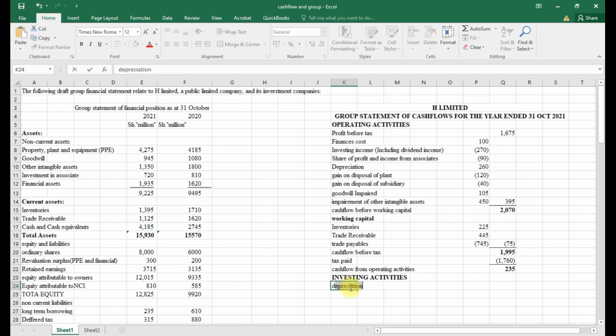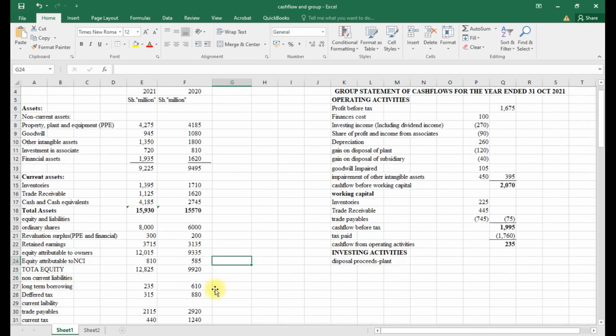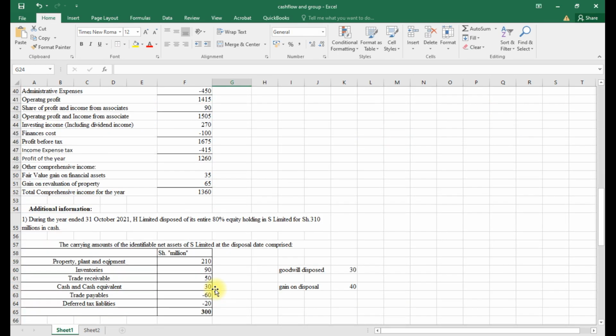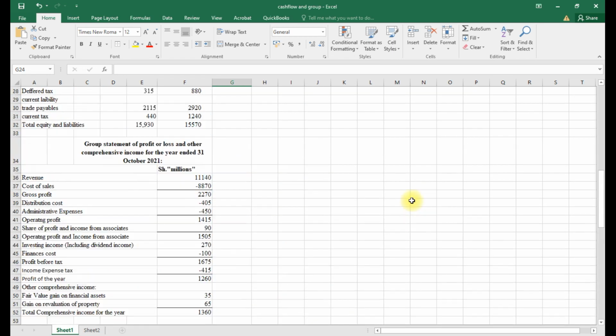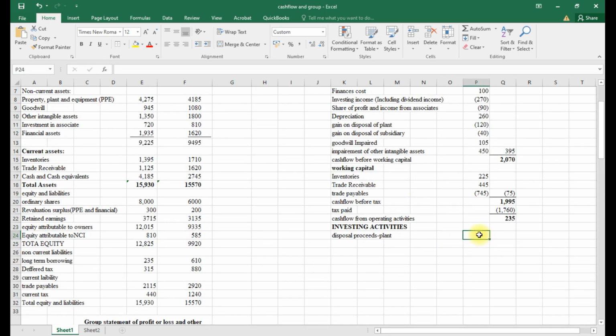The first thing we look at is the disposal proceeds. We sold plant, the sale of plant in this note, plant with the carrying amount of this was sold at 560, so we realized 560 here from the sale of plant.